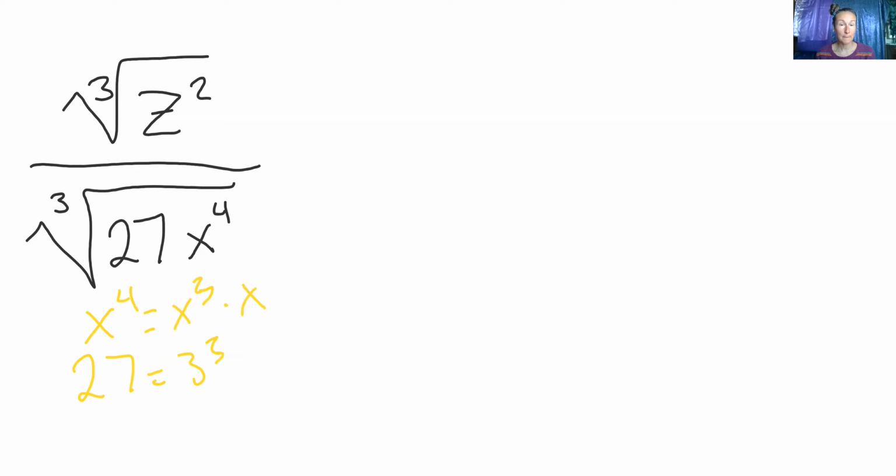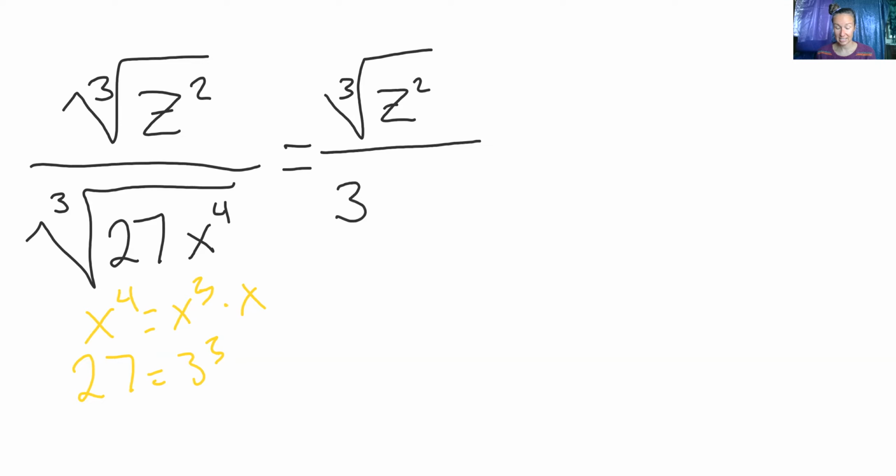So we have some perfect factors or some complete cubes inside our cube root that we can pull out and simplify. Our numerator does not. We've just got the cube root of z squared. But in our denominator, the cube root of 27 is 3, and this x to the 4th, 3 factors of x will come out as just 1, and then we're left with an x inside.